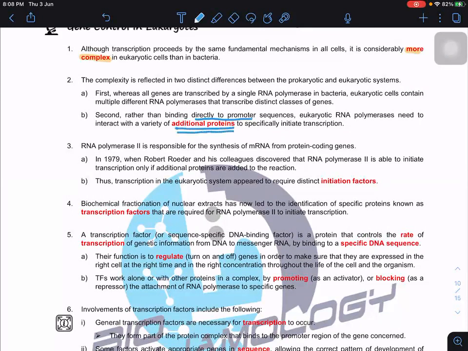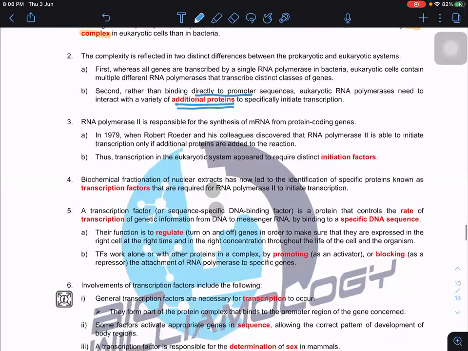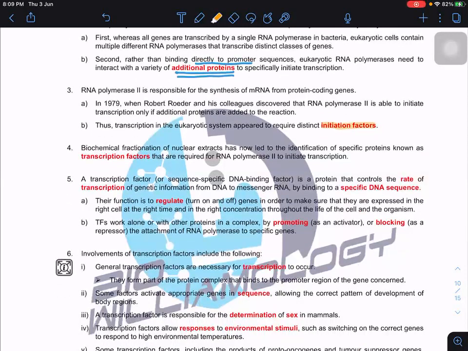Initially they called this additional protein the initiation factor, meaning that to initiate transcription in eukaryotic cells you must have it. This initiation factor is now commonly known as the transcription factor. They are required for RNA polymerase to initiate the transcription.